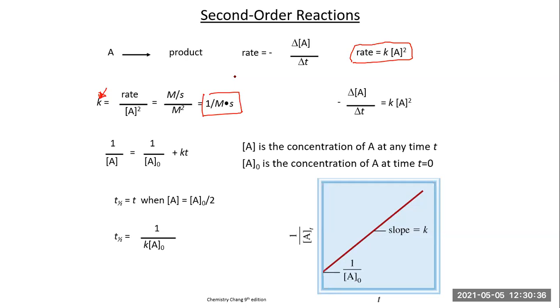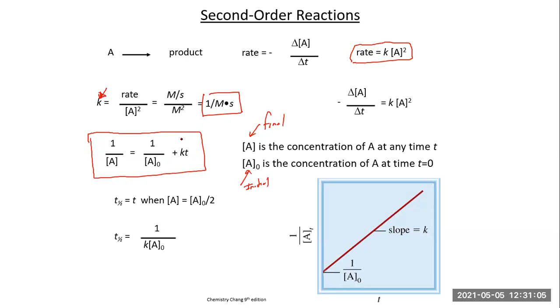Now, with a second order situation here, we could write our rate expression, do a little rearranging, and we come up with a concentration time-dependent equation, our integrated rate law for second order, and it is 1/A is equal to 1/A naught plus kt. These are our same sort of guys as before. You can think of A as your final concentration, and you can think of A naught as your initial concentration.